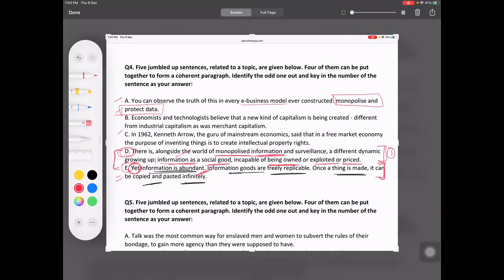So they were talking about the information, that is data. They were talking about monopolize, which is still written in the D option. Monopoly is when there is a single market. So that is called monopoly. So D is connected to A directly, right? The rest of the options, check out B or C.